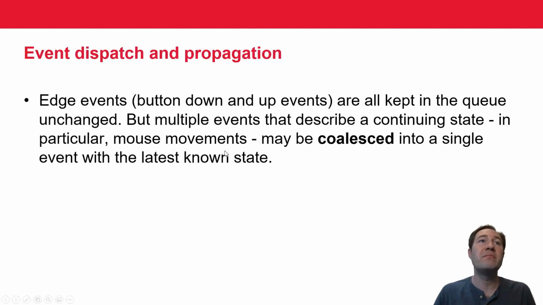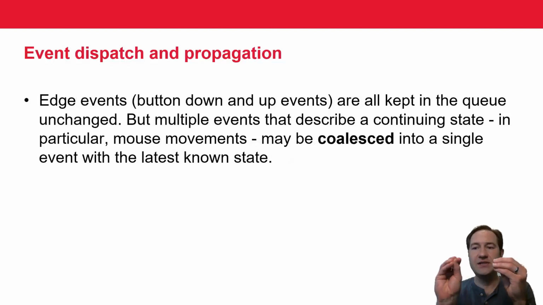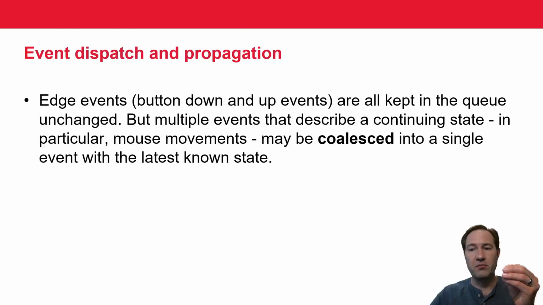A common one is mouse movement. As your mouse moves across the screen, like I'm doing here, that XY position is constantly changing. We could save each of those little XY positions all the way across and throw them all in a queue, but it's going to be harder for the event handler to handle those later on.